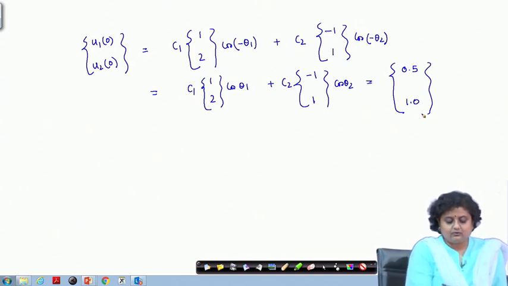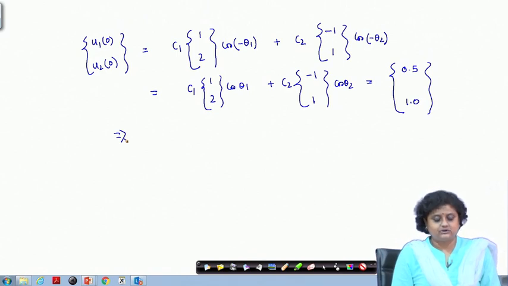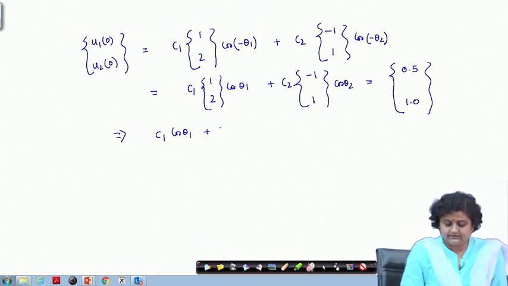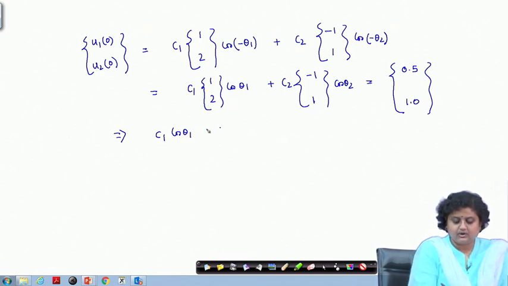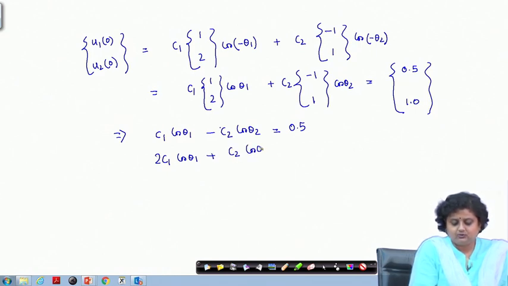If I solve this vector equation, it is going to give me C1 cos theta 1 minus C2 cos theta 2 is equal to 0.5. The next equation that I am going to get is 2 C1 cos theta 1 plus C2 cos theta 2 is equal to 1.0.